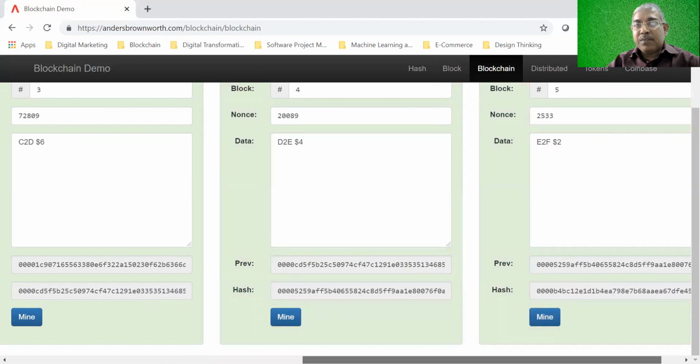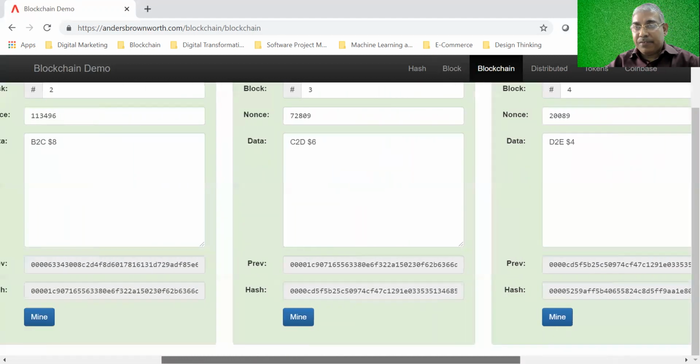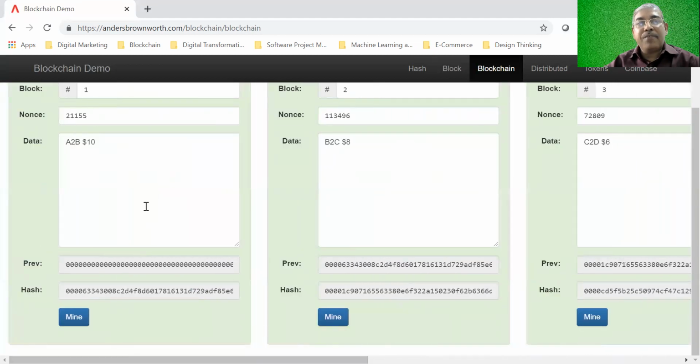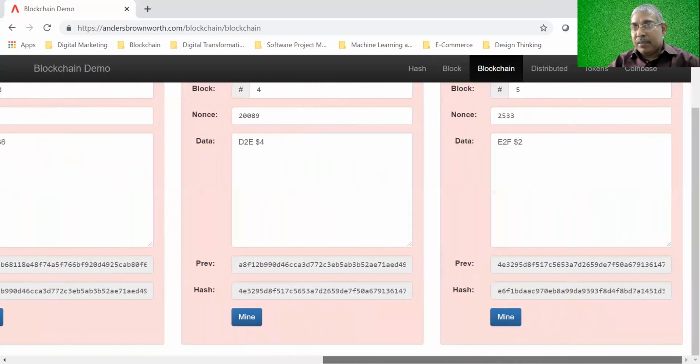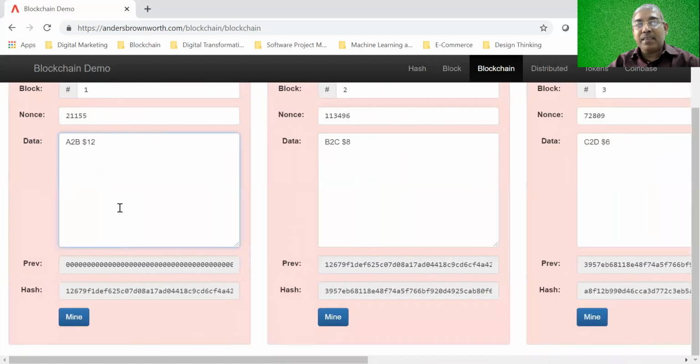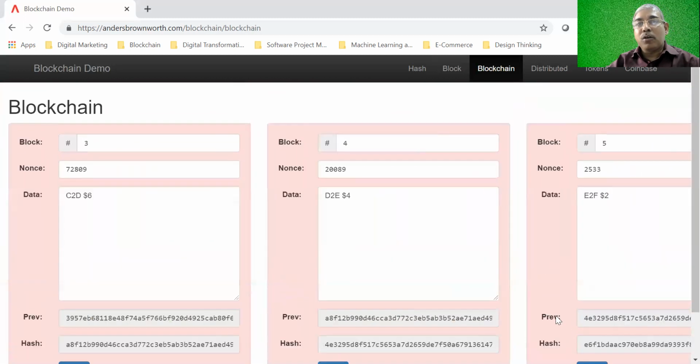Also, you will notice that the further down a block is, let's say A tries to make this change over here, 12. The further down a block is in the chain of blocks, the more difficult it is to make a change. Since block 1 is further upstream in the chain of blocks, it's more difficult to make any change in block 1 compared to making a change in block 4.